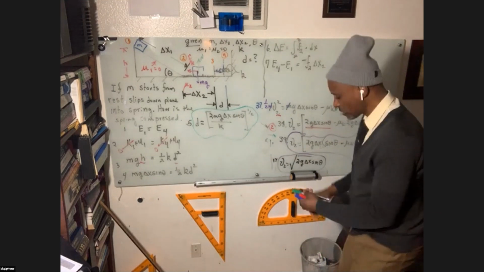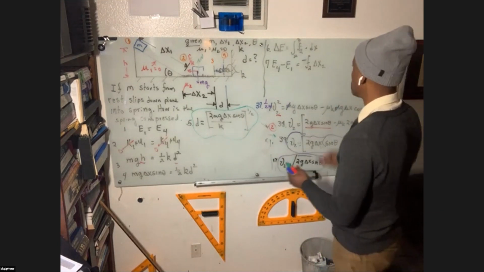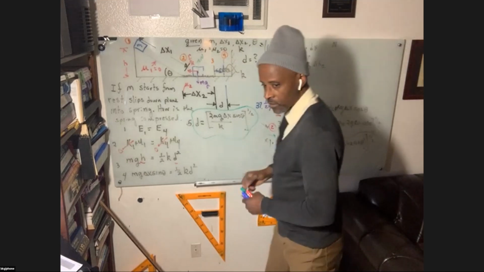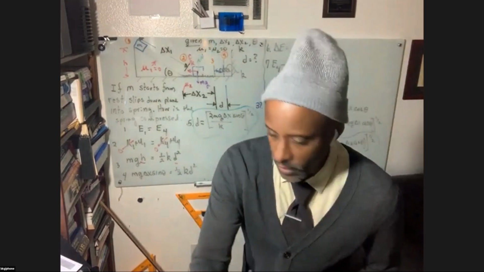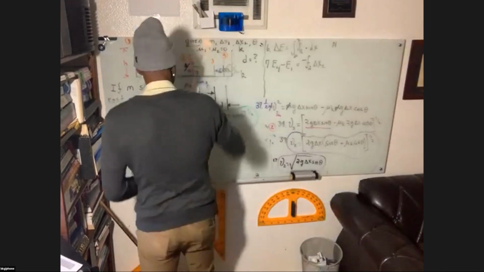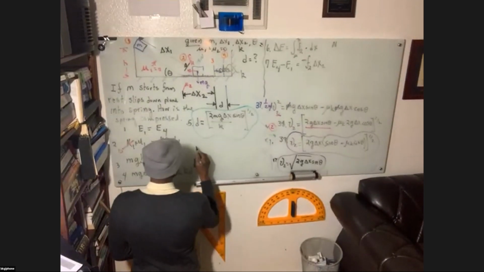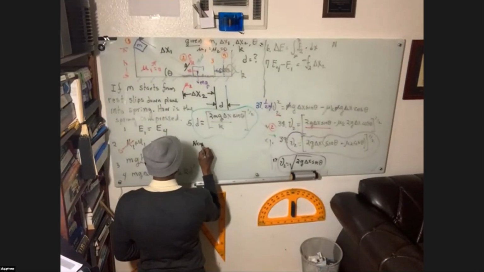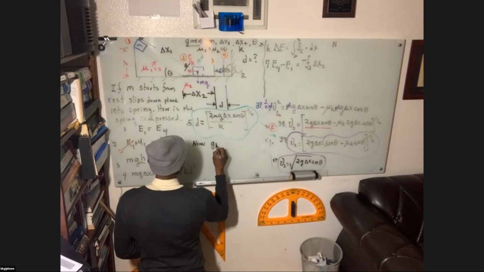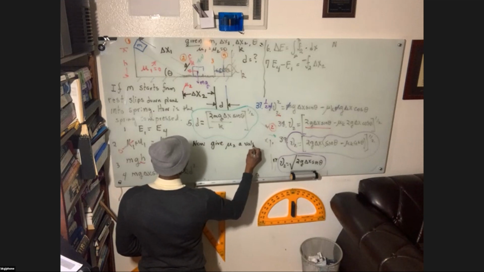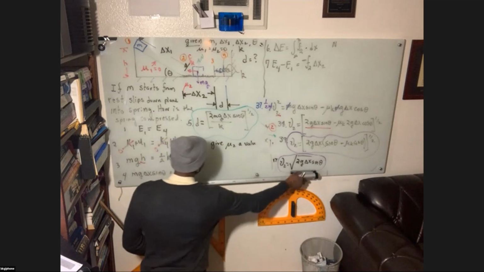So again, this is a situation where, I'll put it here, use that space. So that's the solution. And then now give mu2 a non-zero value.